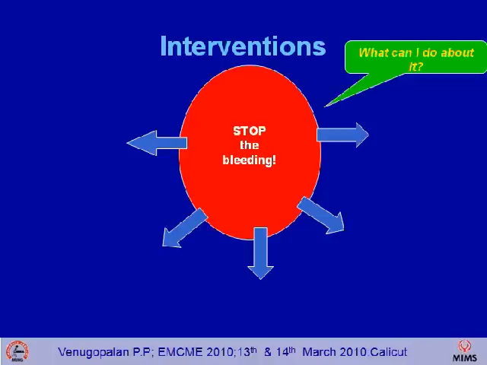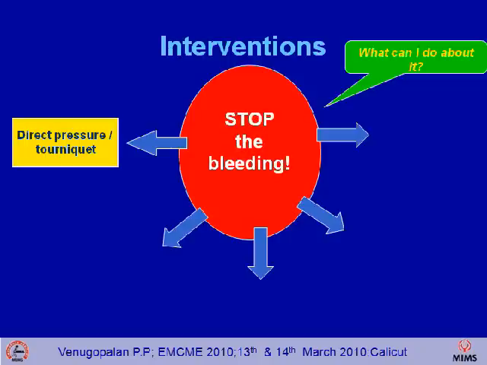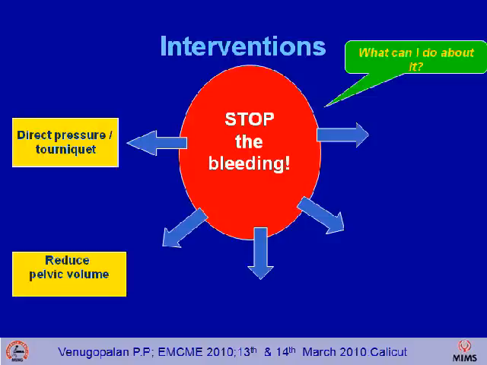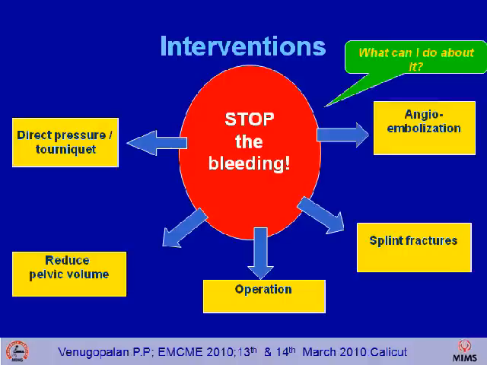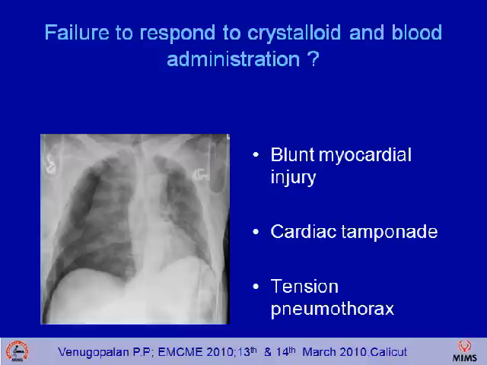Interventions to stop bleeding include giving direct pressure or a tourniquet if there is an external bleed, reducing the pelvic volume in a case of fracture pelvis by using a pelvic binder, early surgical intervention and operative control of the bleeding, and splinting of fractures, which also brings down the blood loss. If there is uncontrolled hemorrhage, think about the possibility of angioembolization.